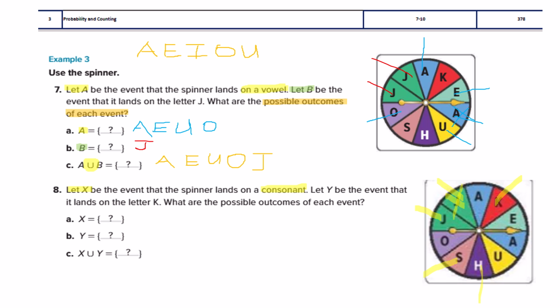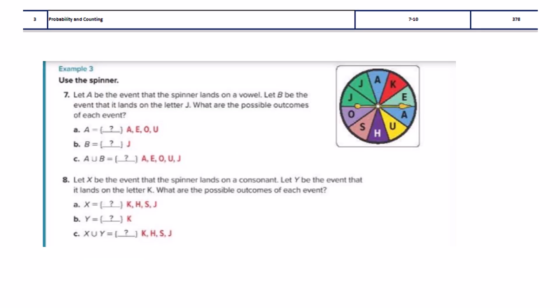The second event, let Y be the event that the letter lands on the letter K, right? So K is your second one. And thereafter, you work out the union as we worked in example 7. When you watch the video, you can pause it here and check the answers to see whether you are able to get it correct.